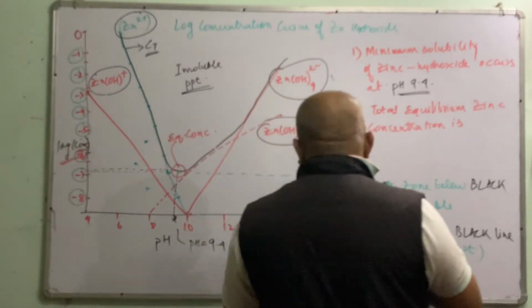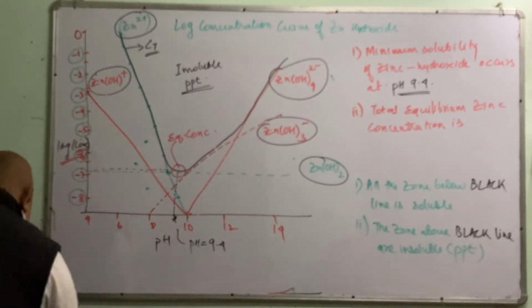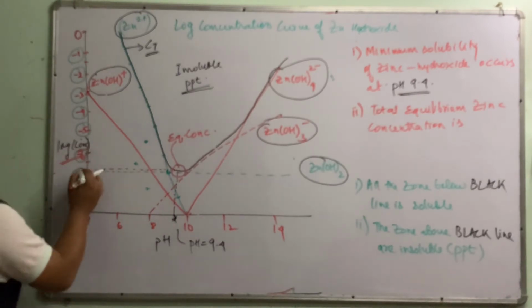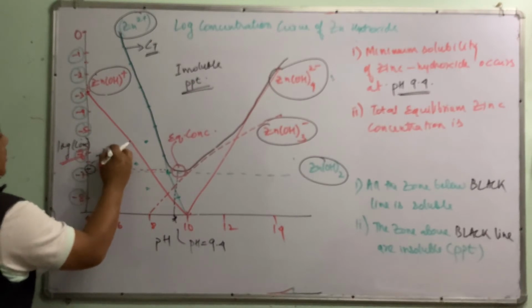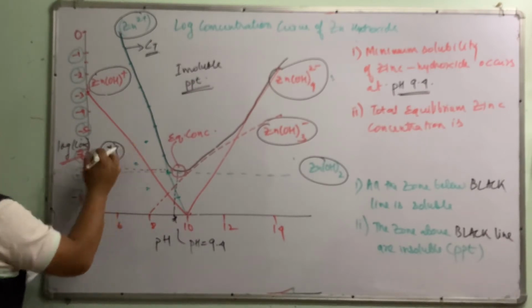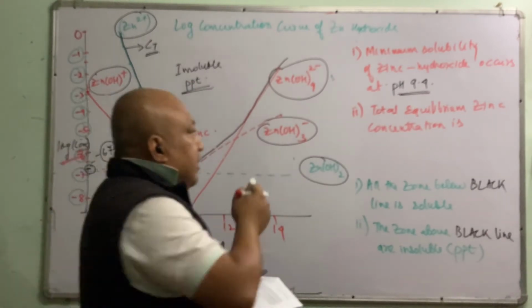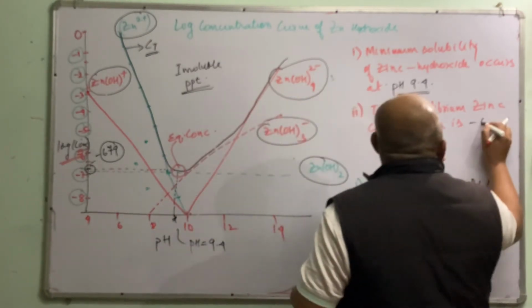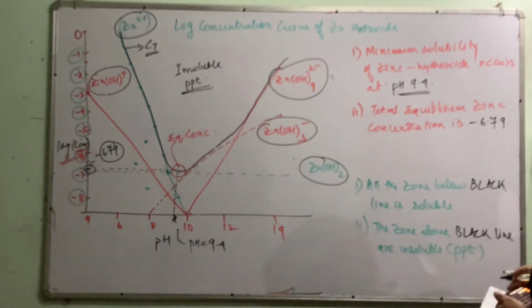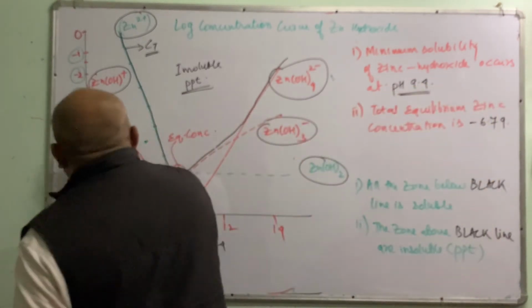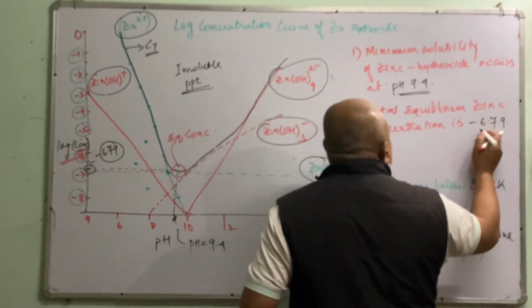The concentration is this part, this concentration, correct? This is minus 6.79. Actually, I'm not able to see this minus 6.79 clearly, correct? So this concentration is log of minus 6.79.